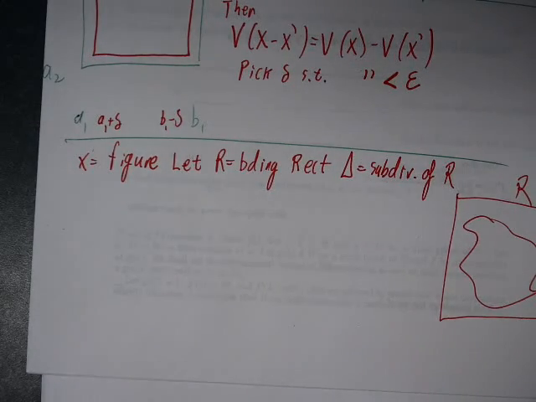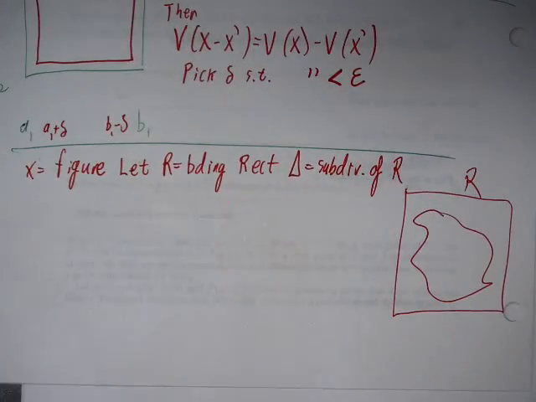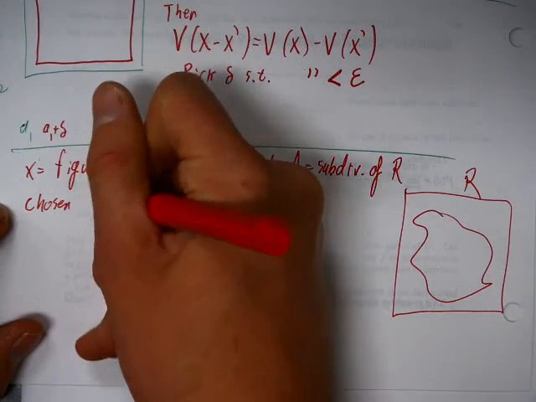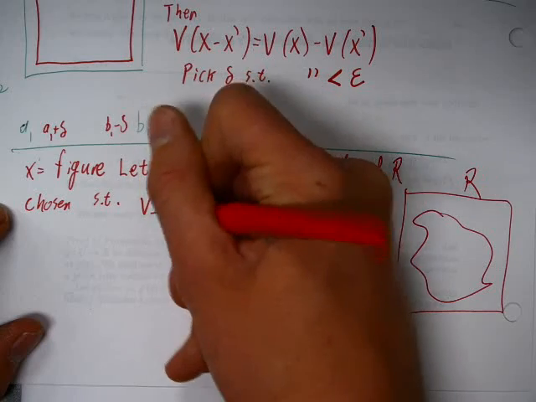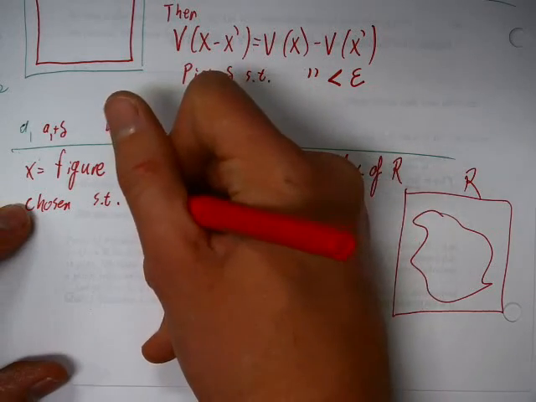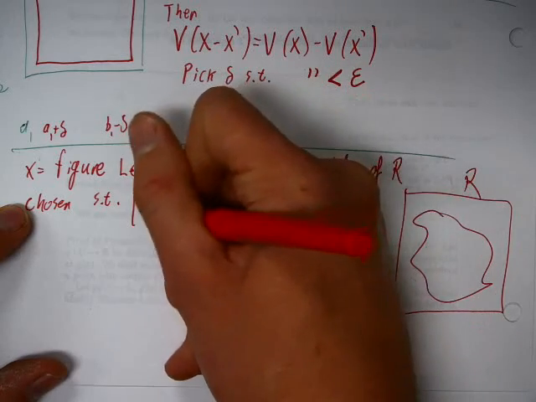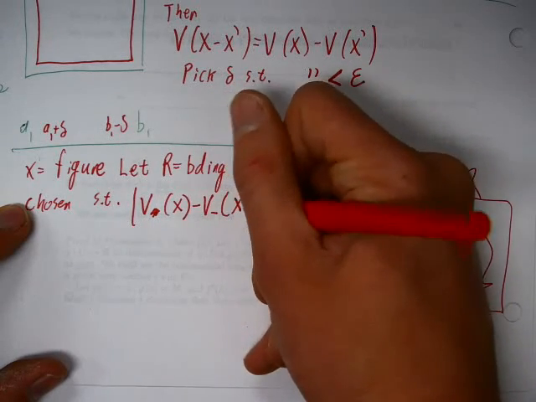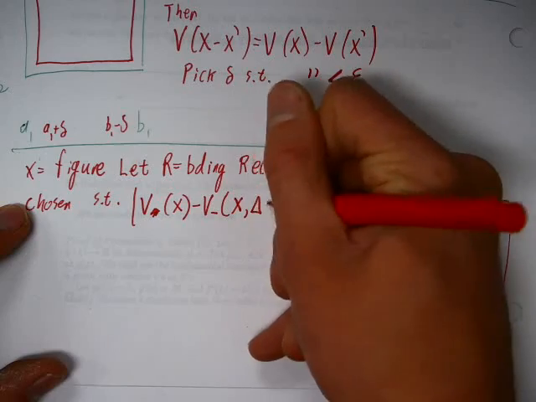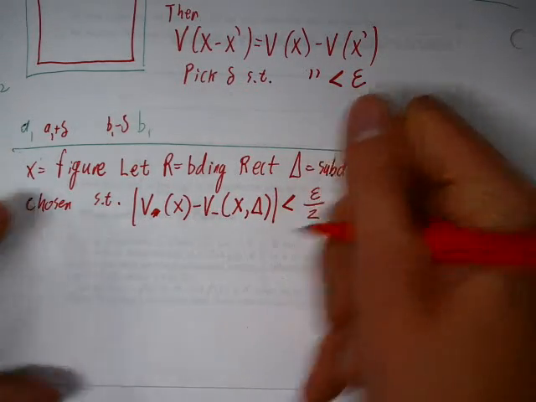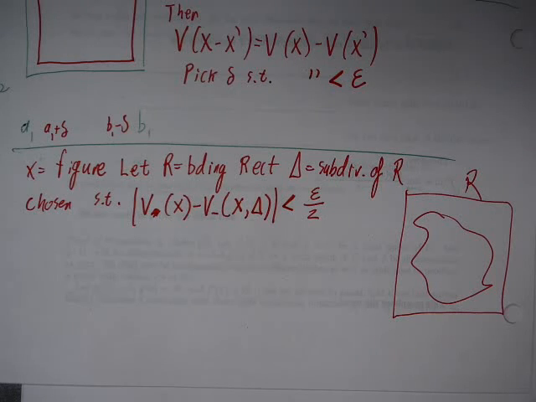There's the figure X, chosen such that the volume of X minus the inner volume, that is the volume of all of the inner rectangles, is less than, well, let's say epsilon over 2. Maybe that's not what I want. Maybe it is. Let's draw a picture of that.